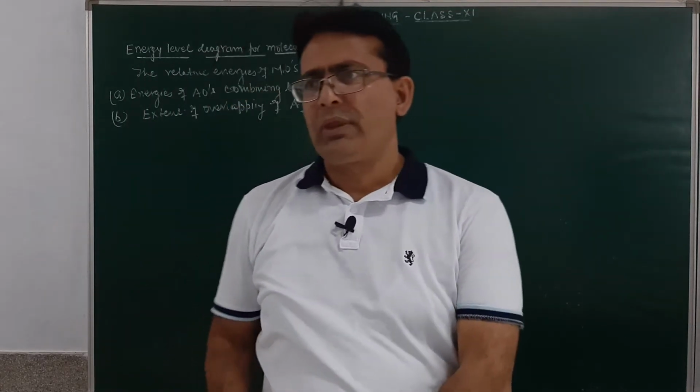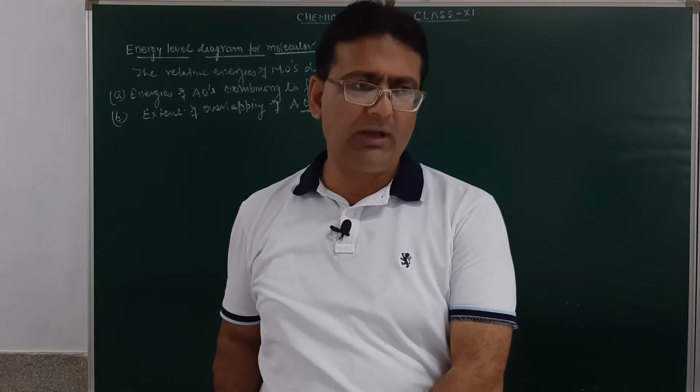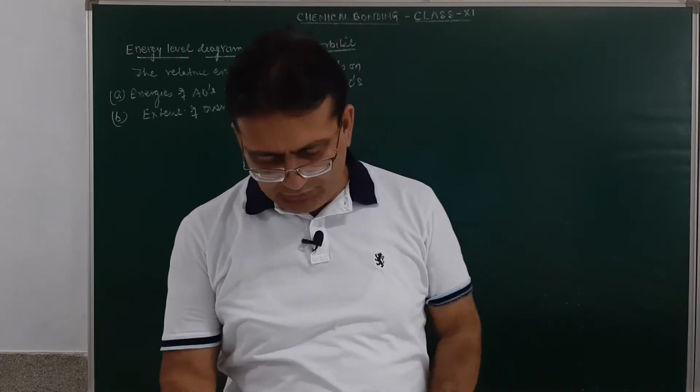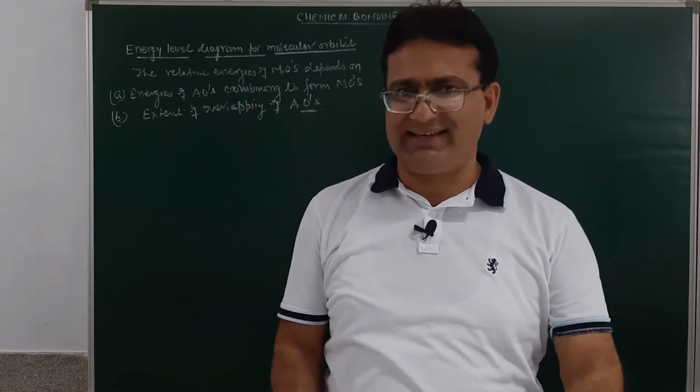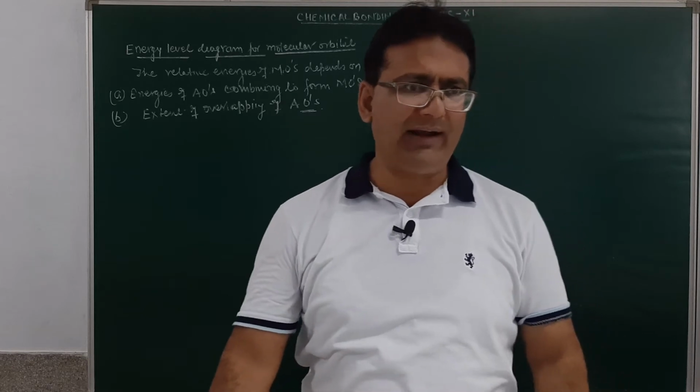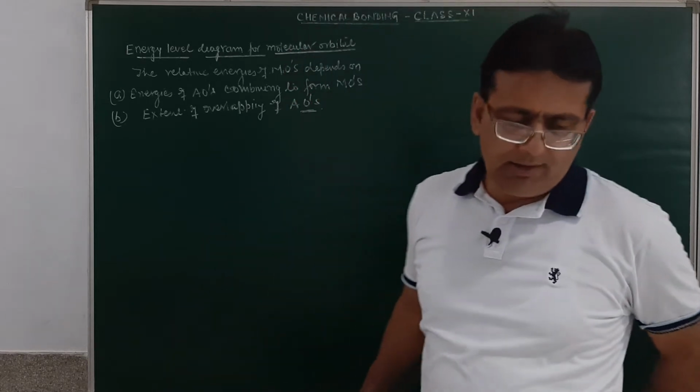Now students, experimentally it has been found that the energy level sequence for molecular orbitals differs for Z greater than 7 and less than 7.